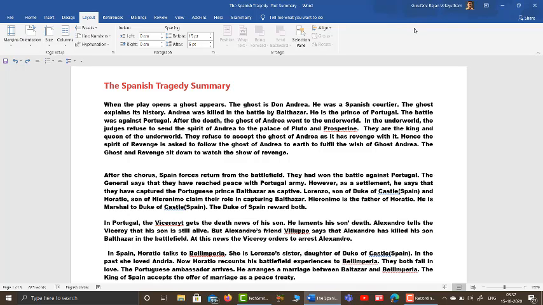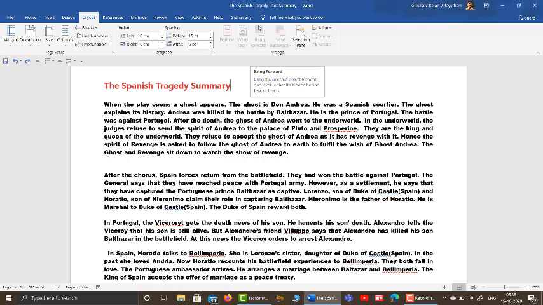The scene opens with the ghost of Andrea in the underworld, and Andrea explains how he was killed by Balthazar in the battlefield between Spain and Portugal. After the death, when the spirit of Andrea goes to the underworld, the king refuses to accept Andrea because it has the revenge spirit.